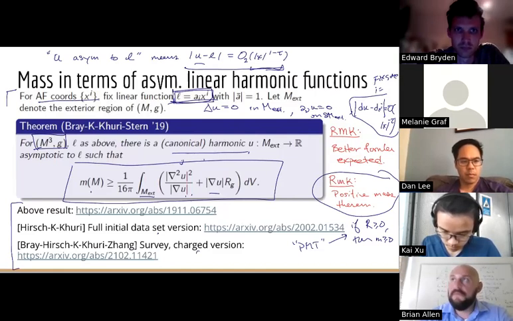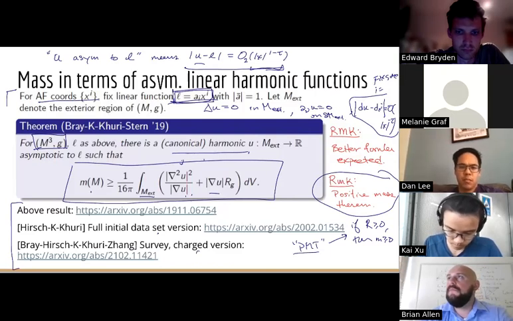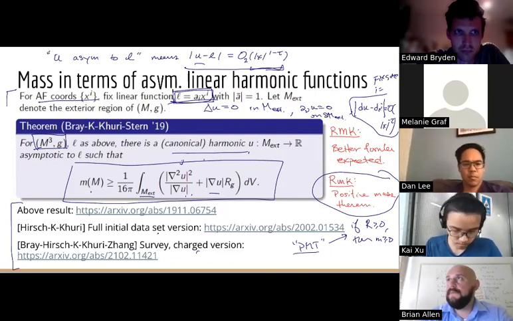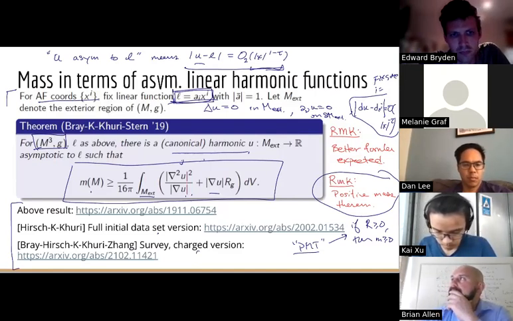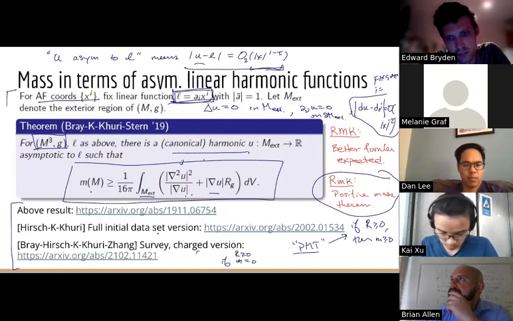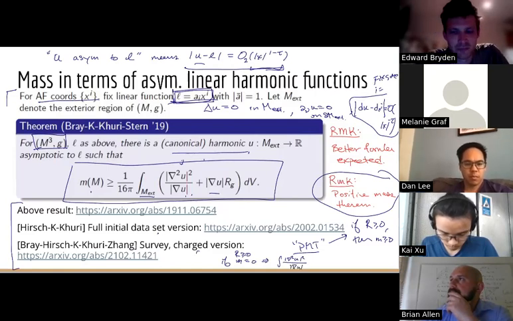The rigidity is the following. If scalar curvature is non-negative, then the mass is non-negative. That follows immediately from this formula. So if the mass is 0 and scalar curvature non-negative, this formula immediately tells you that this Hessian sort of thing should be 0. But you might feel a little bit weird because I want to say that the Hessian is 0, but not exactly, because I'm dividing by the gradient.